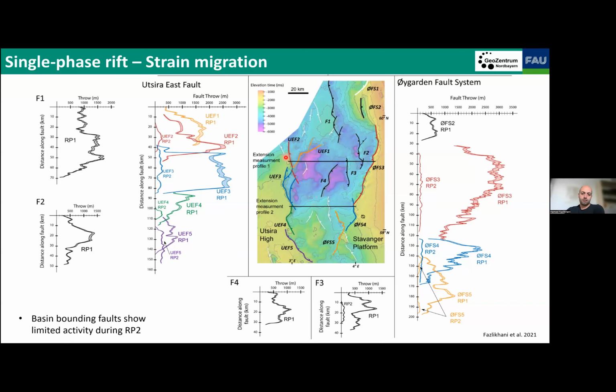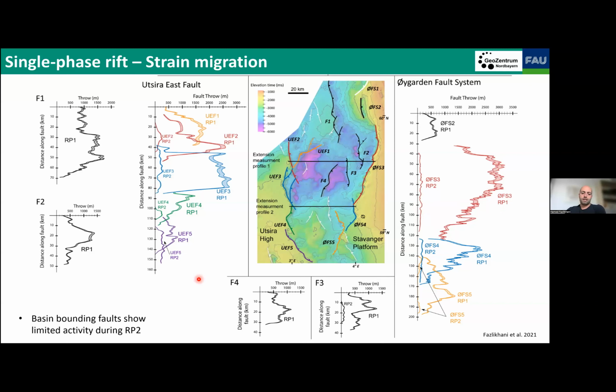Towards the western side of the basin the activity is about 2.5 kilometers here, but the difference is that during the secondary phase, as we see in the smaller second graph for each fault segment, the amount of fault displacement is higher towards the west compared to the eastern side of the basin, vice versa to the first rifting phase.